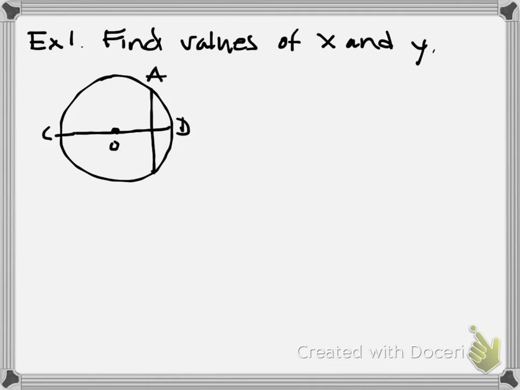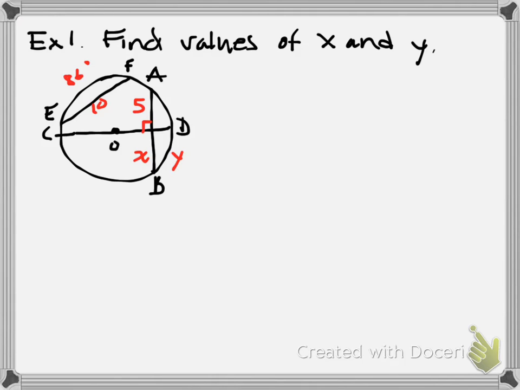This arc is AB. This arc is EF. We're going to tell you that this arc measures 86 degrees. This chord measures 10. We're going to tell you this is perpendicular. This measure is 5. This measure is x. This arc is y. And there we go.